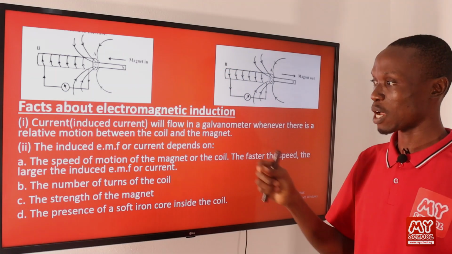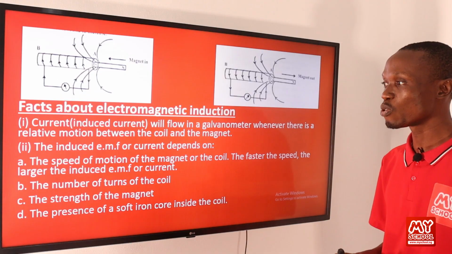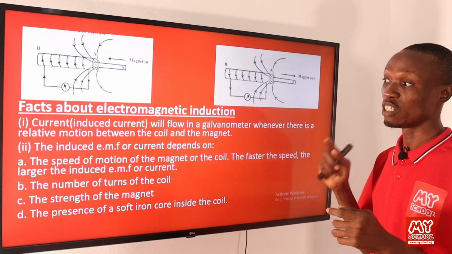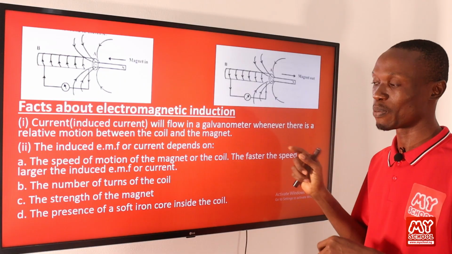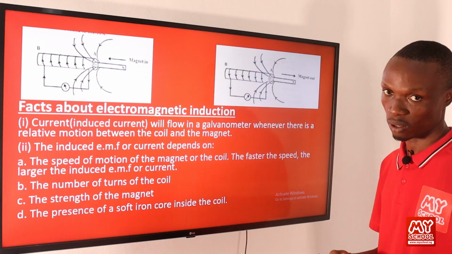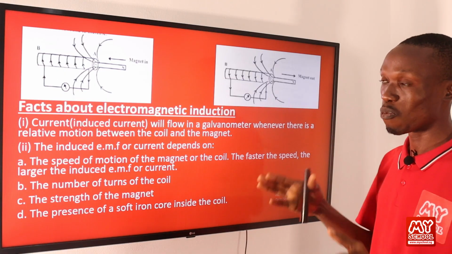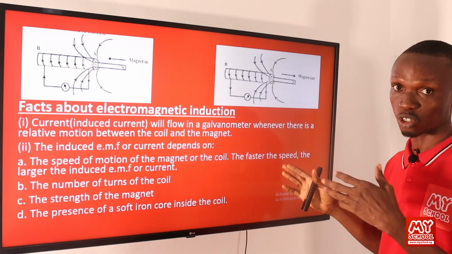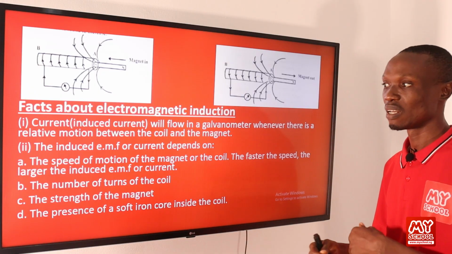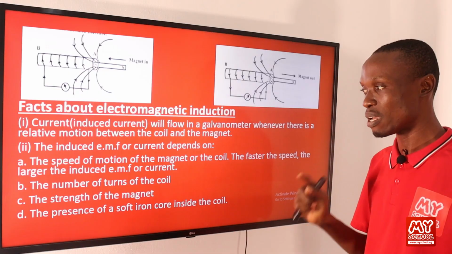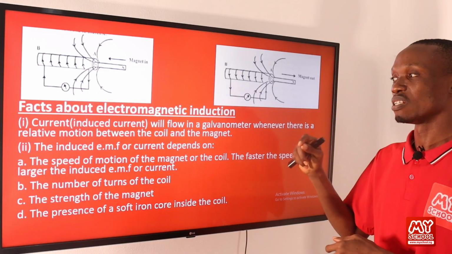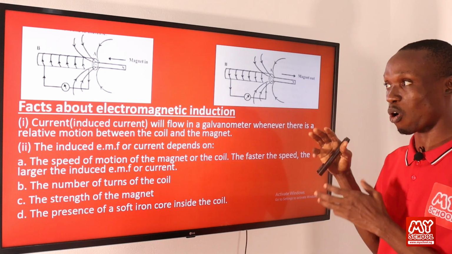Number 2, the induced EMF or current depends on 1, the speed of motion of the magnet or the coil. Of course, the magnet can move or the coil can move. So one of them can be stationary while the other one moves. The faster the speed, the larger the induced EMF or current.